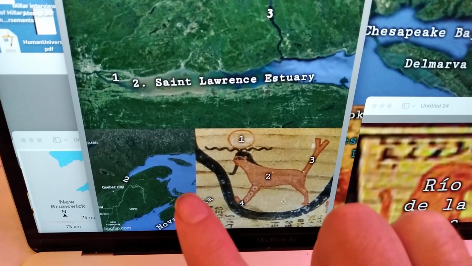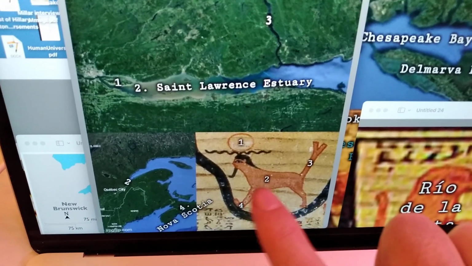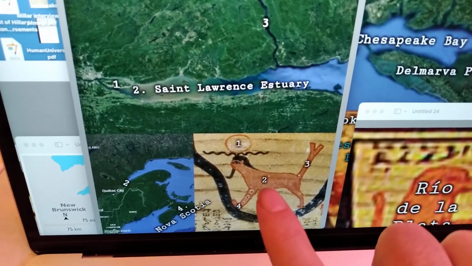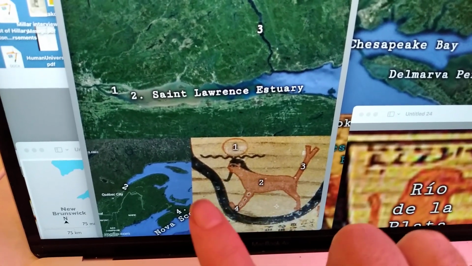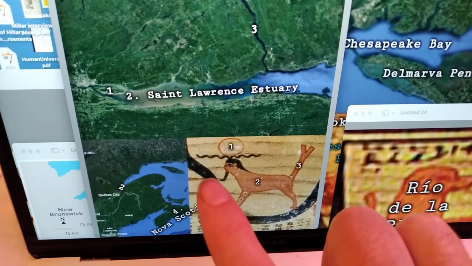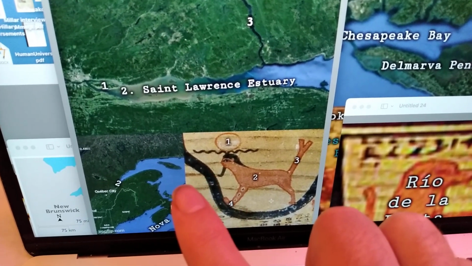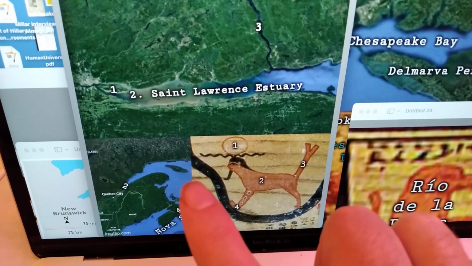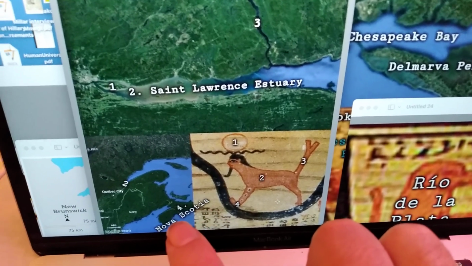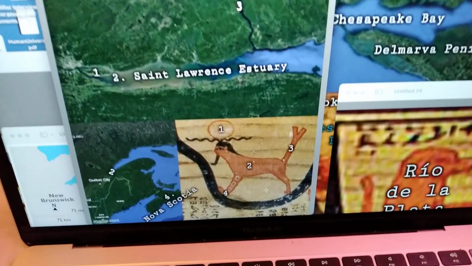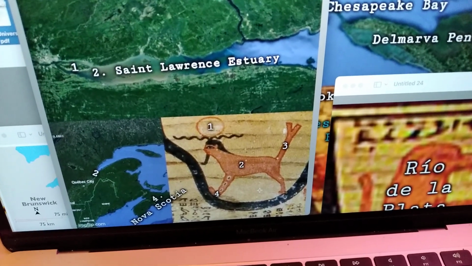And so since it's placed between Newfoundland and Baffin Island, that's about this area of St. Lawrence, Gulf of St. Lawrence. So we see here Nova Scotia. And so I think the foot is Nova Scotia.